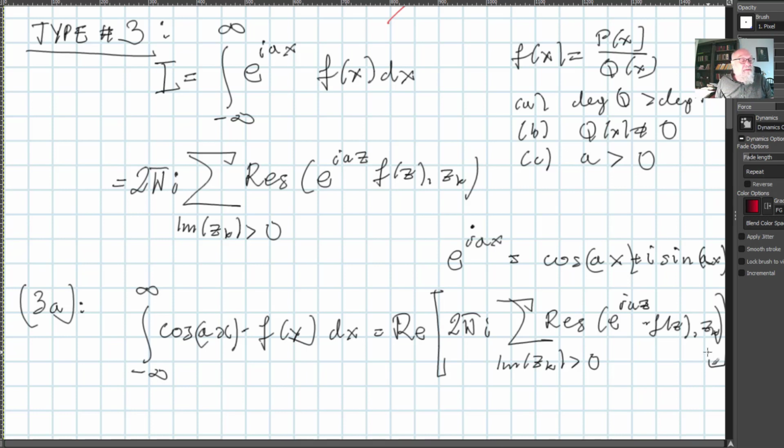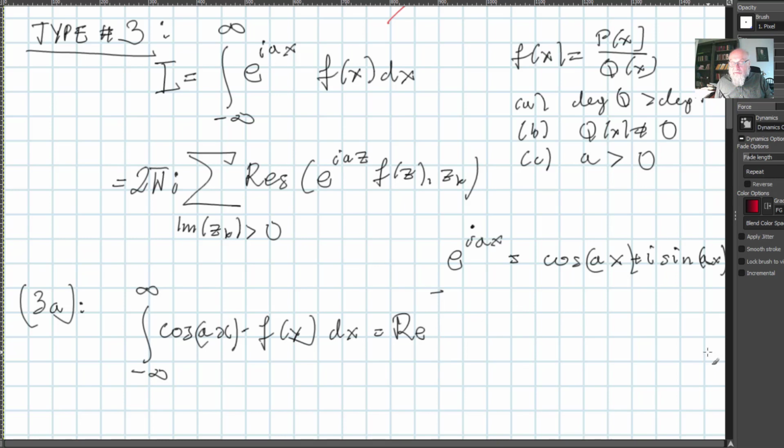Too crowded? Yes, too crowded. I will rewrite this formula, I'm sorry. We need more space, so I will just rewrite this formula in a more spacious way.